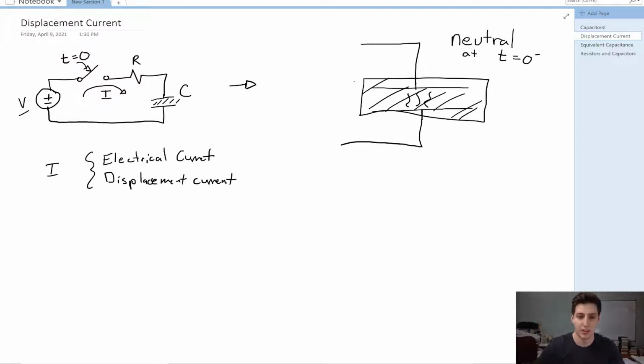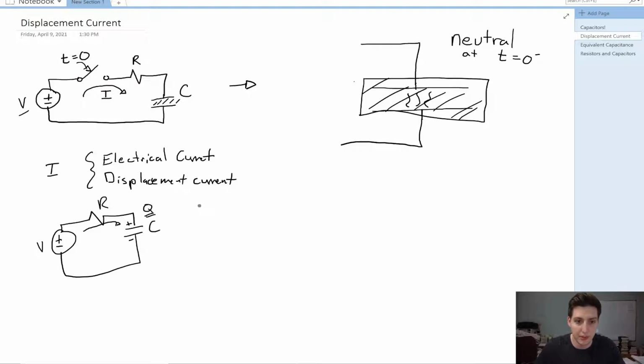So if we simulate this circuit after we close the switch, at time just greater than t equals 0, we have some current that builds up some charge on the capacitor, and that charge is Q.